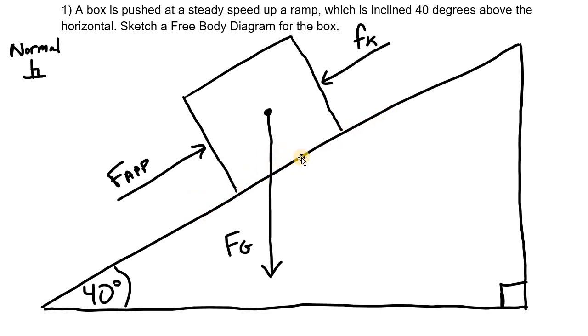What's normal to it is perpendicular. So the normal force is going to be acting up on an angle like this, and this is our normal force. Keep in mind it's going to make a 90-degree angle right in here, and that is perpendicular. So we have all of our forces on our free body diagram here.